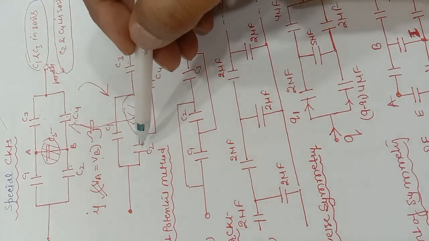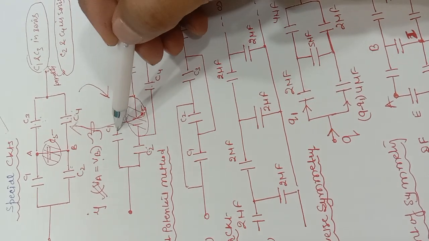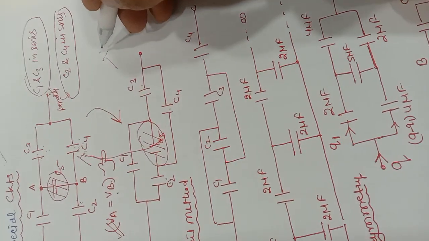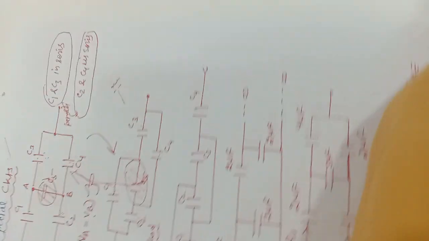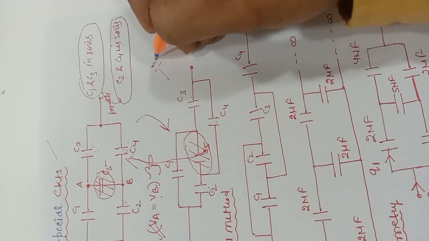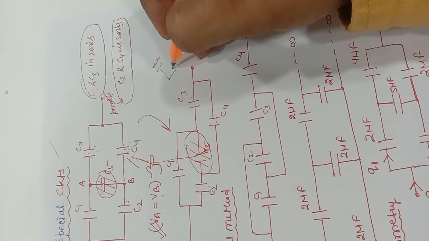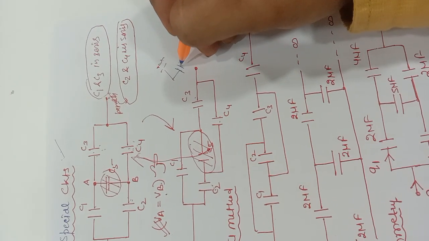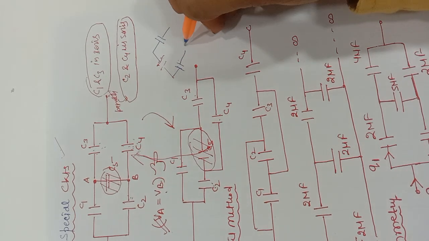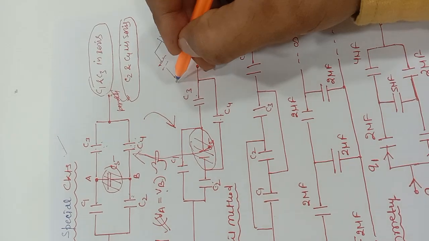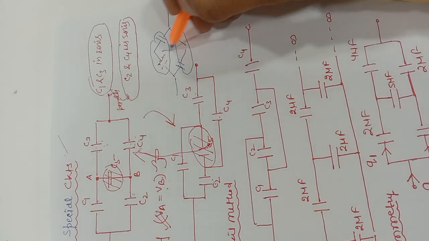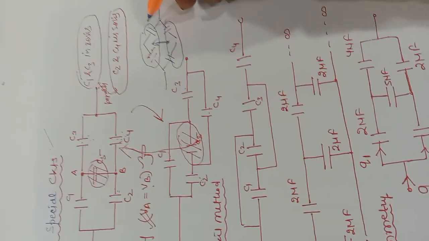We can rearrange it as C1, and C2 connected with C3 and C4. This looks like series, and both branches are in parallel, so we can calculate.